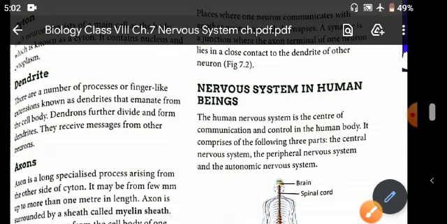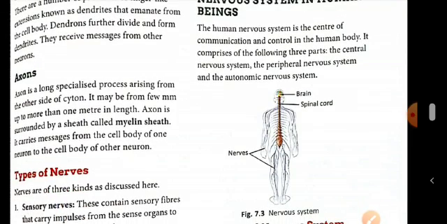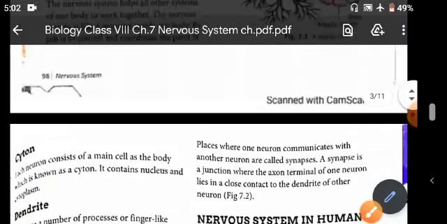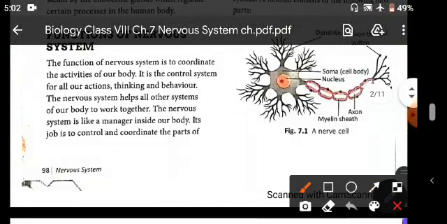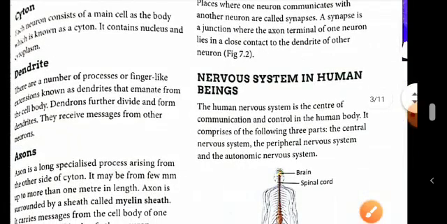Now axon is a long specialized process arising from the other side of cyton. You had seen it in this figure. In this figure here, this rod shaped structure is axon. Dendrites and axons you had studied.